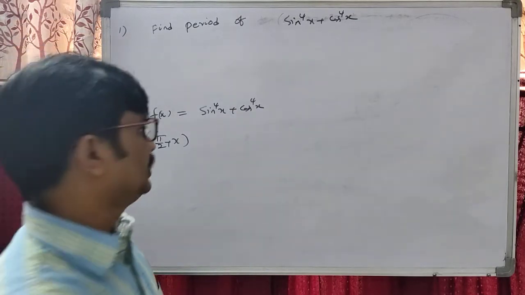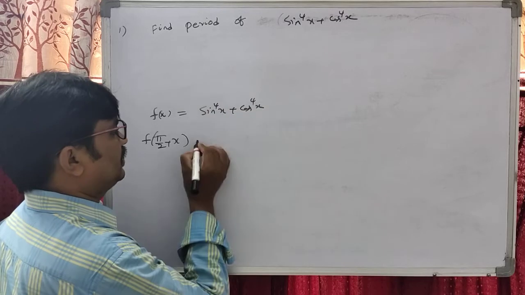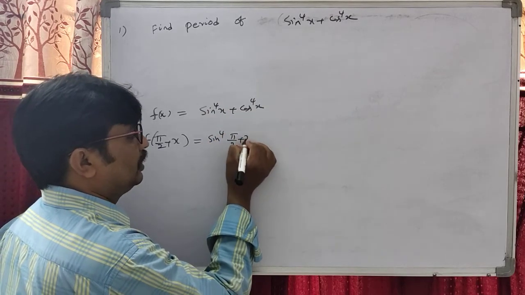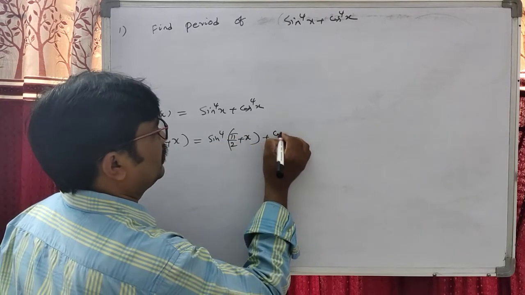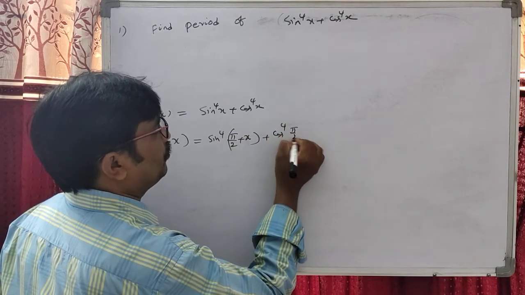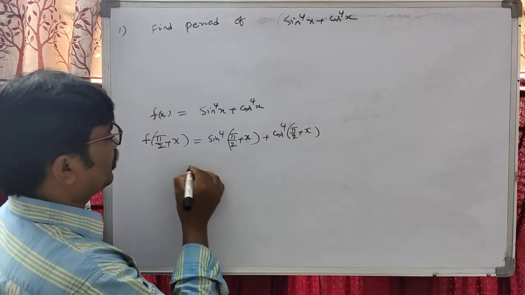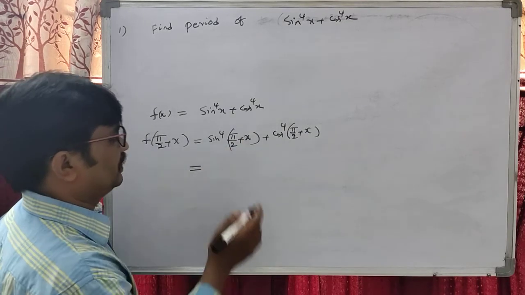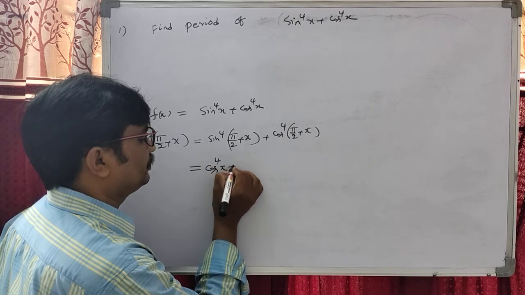But here the powers are the same, so instead of x you can write 90 plus x, sin power 4 of 90 plus x and cos power 4 of 90 plus x. Sin of 90 plus x is cos x.